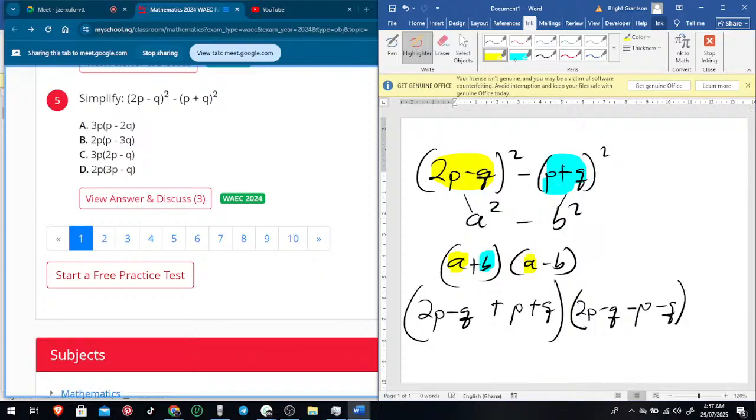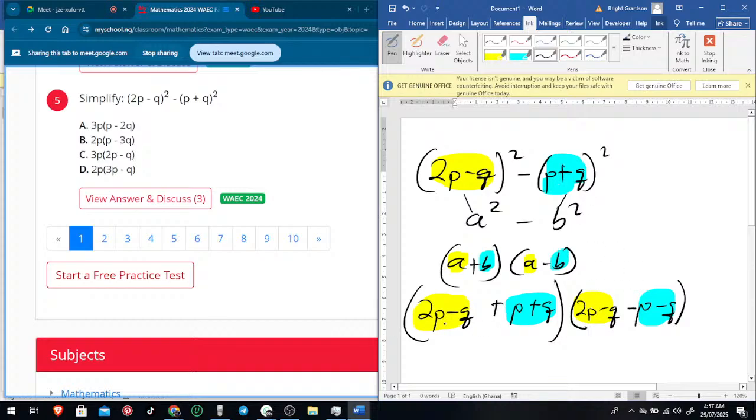In this case, everything here is the a, and everything here is the b, but because of the minus it will affect the b elements here.